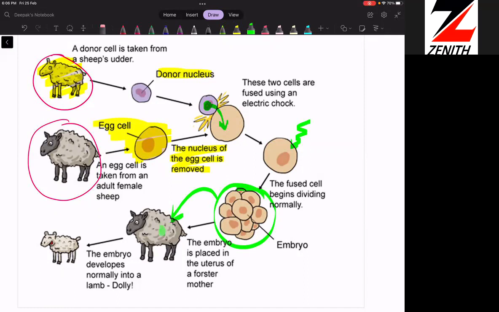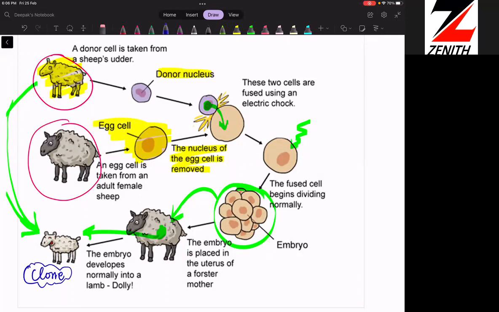And then the baby starts growing in the mother, and the child which is produced has exactly the same set of DNA, without any change. The sheep which is produced here is a clone of that white sheep.